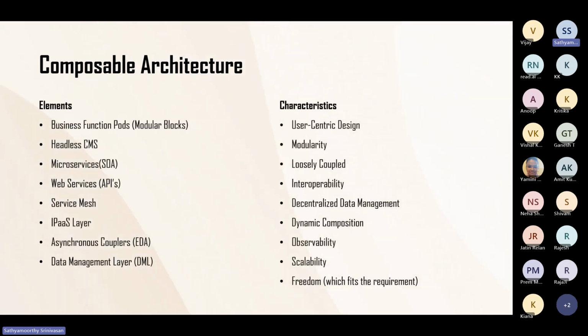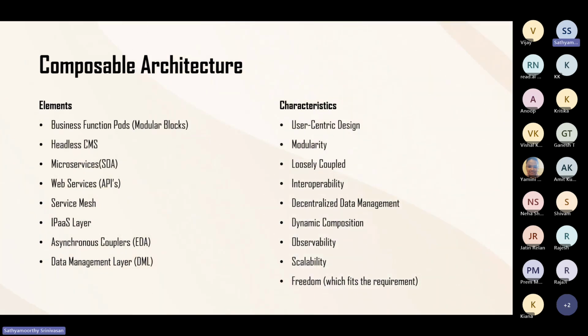If you see here on the left-hand side, I've listed out the elements, and on the right-hand side the characteristics which define it as a composable architecture. Let's start from the characteristics, because in the upcoming slides I'm going to talk about elements.